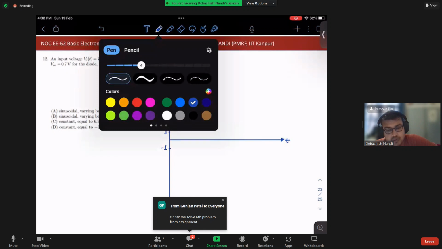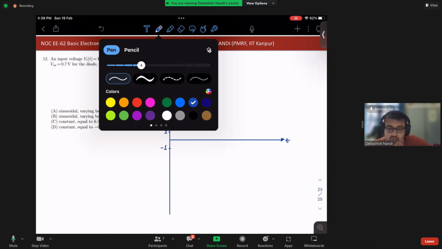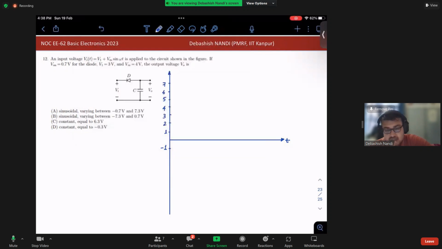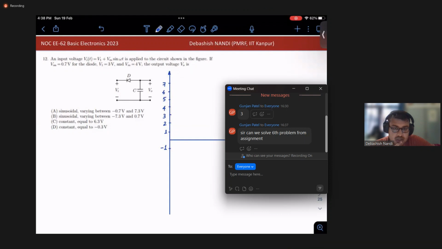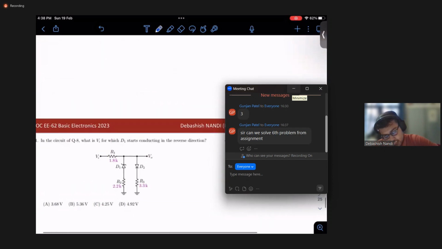Can we solve the sixth problem from the assignment? Can you unmute and explain your doubt, Gunjan? Sir, problems are similar, as we solved the previous problem, but here we have to measure voltage across the diode. The AB terminals are across the diode, across D2.